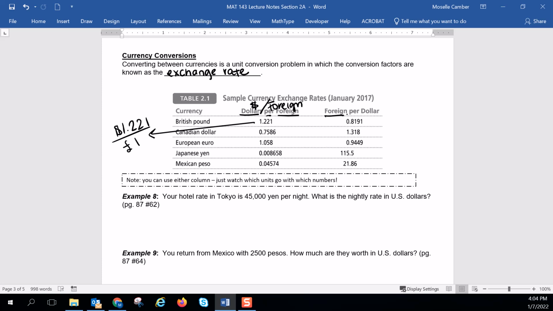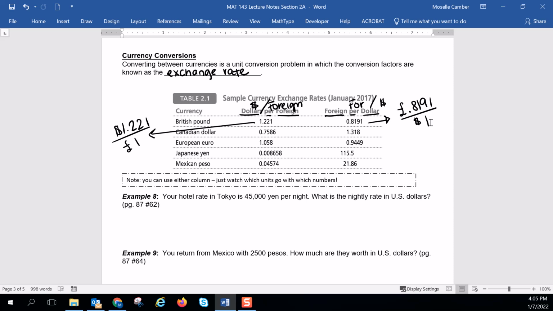Notice in this one we have foreign per dollar. So this would be a foreign divided by our US dollar. So in this case, it would be 0.8191 pounds per $1.